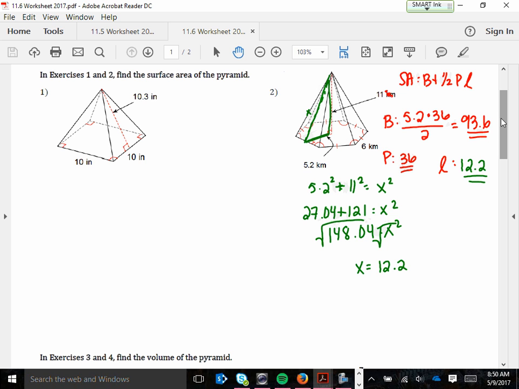Let's plug it into surface area real quick. Surface area is capital B plus 1/2 PL. Capital B is 93.6 plus 1/2. Oh no, I'm running out of space. P is 36. L is 12.2. I fit it in.